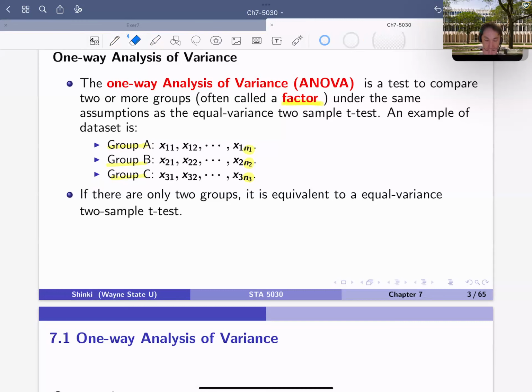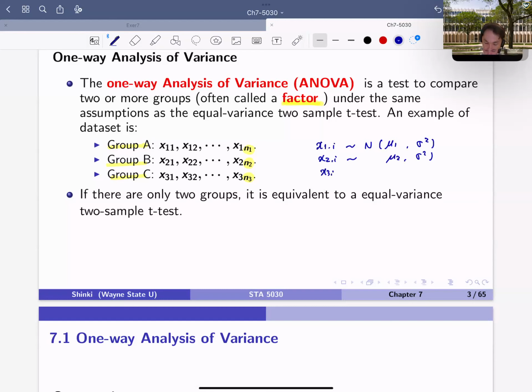And we assume the same assumption as the t-test, the equal variance t-test. So basically we assume that x1i follows the normal distribution with some mean, just some mean mu1, but we have the same variance. So x2i follows normal with a different mean, but the same variance.